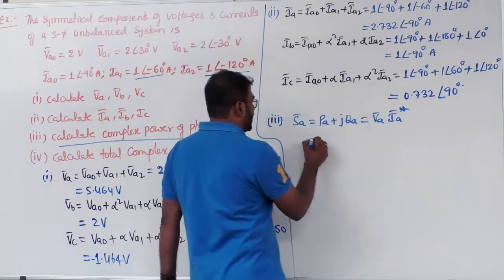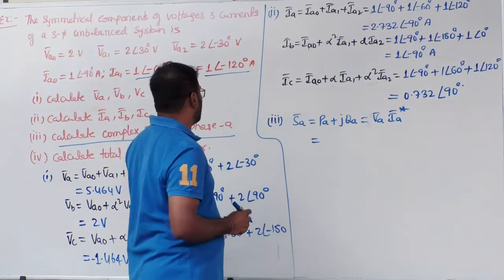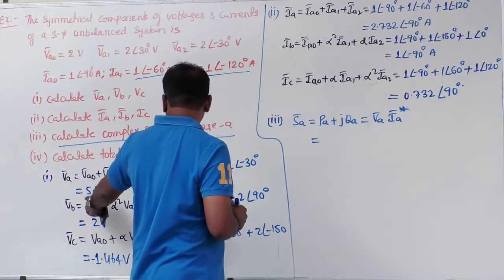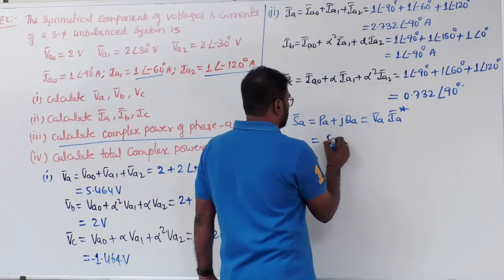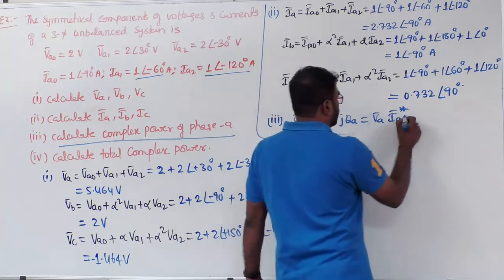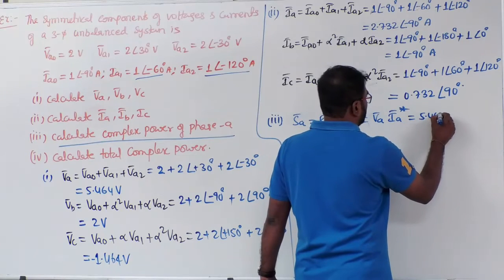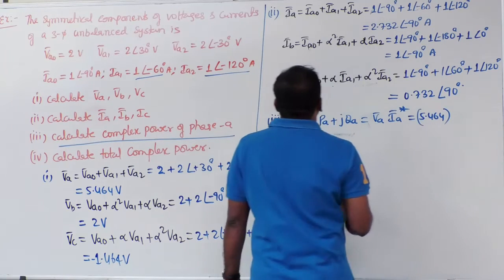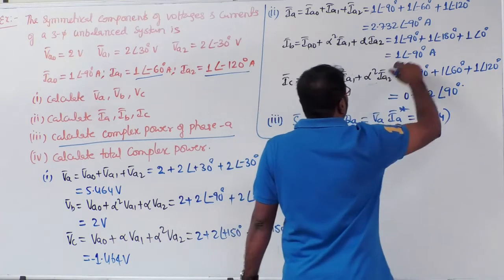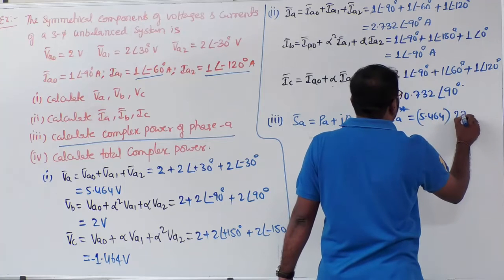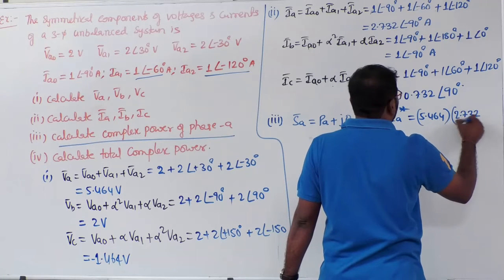Clear? So what is VA? VA, just check sir, VA is 5.464. IA conjugate. IA is this, 2.732 at an angle 90 degrees, and conjugate of that.